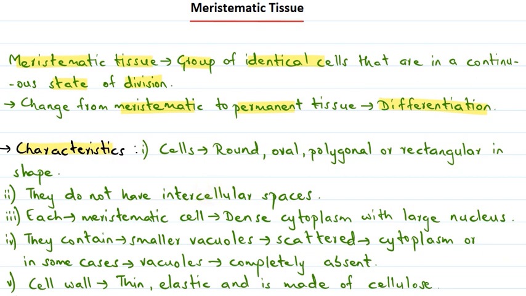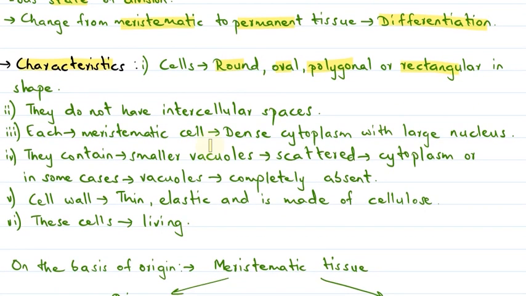These meristematic tissues have cells that can be either round, oval, polygonal or rectangular in shape. These cells do not have intercellular spaces. They are arranged very close to each other and hence do not have intercellular spaces.